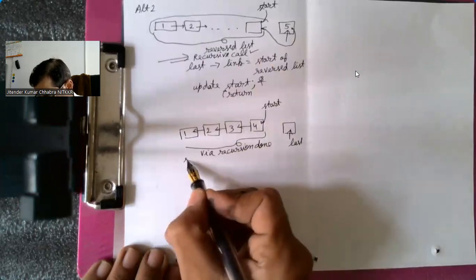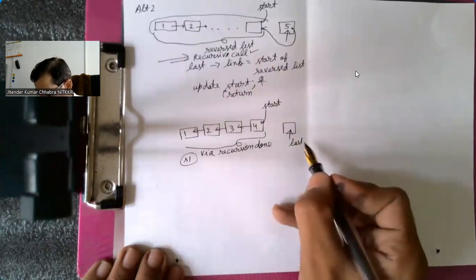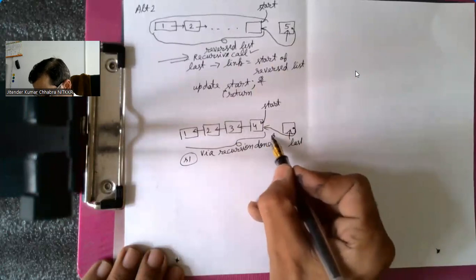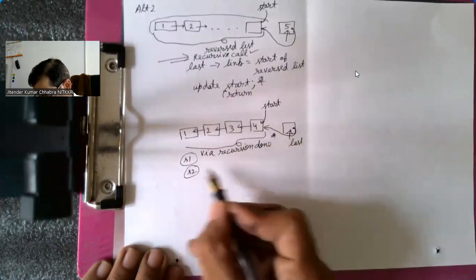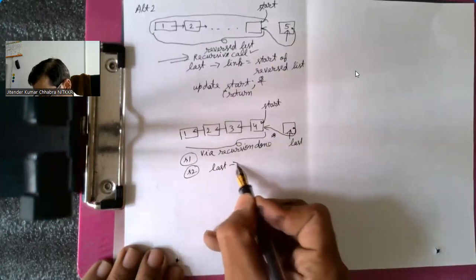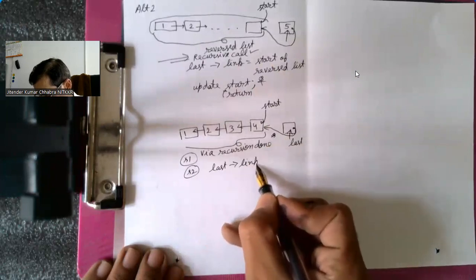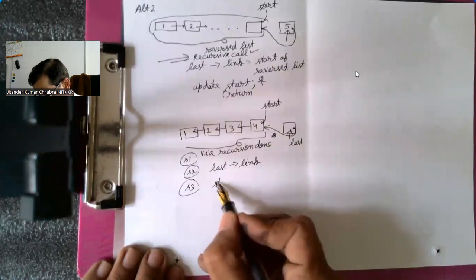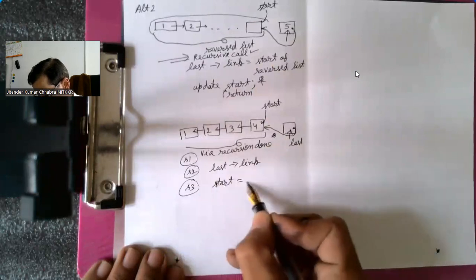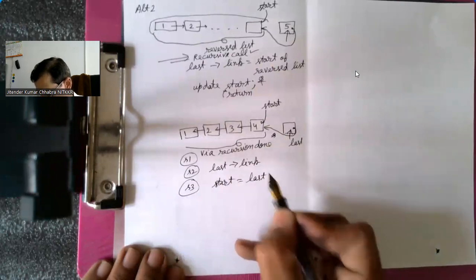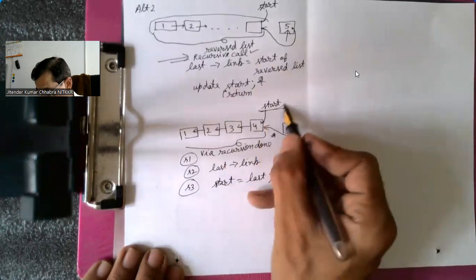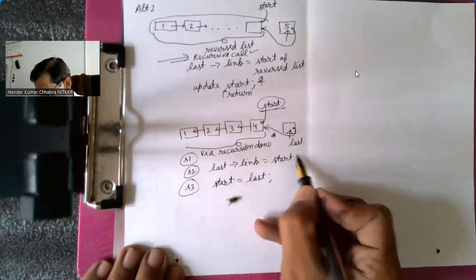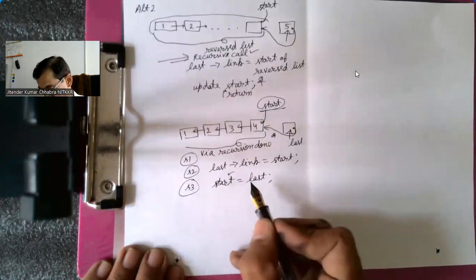This is step 1. Then I say this pointer is to be linked, that will become step 2. Last arrow link to be updated. And then step 3, your start will become equal to the last. So via recursion, the updated start was returned, that has been assigned to this, and your start has been changed.